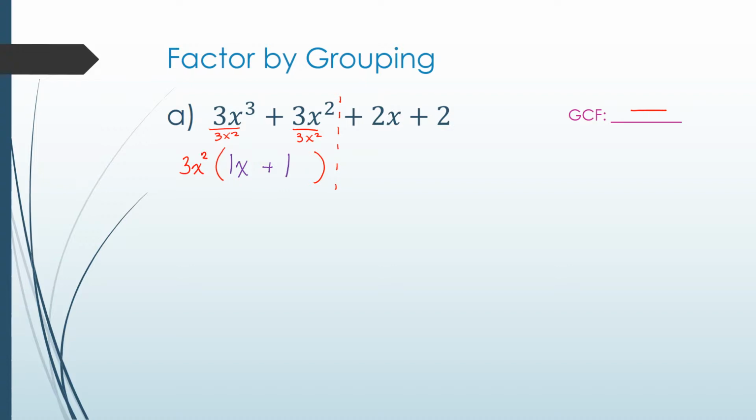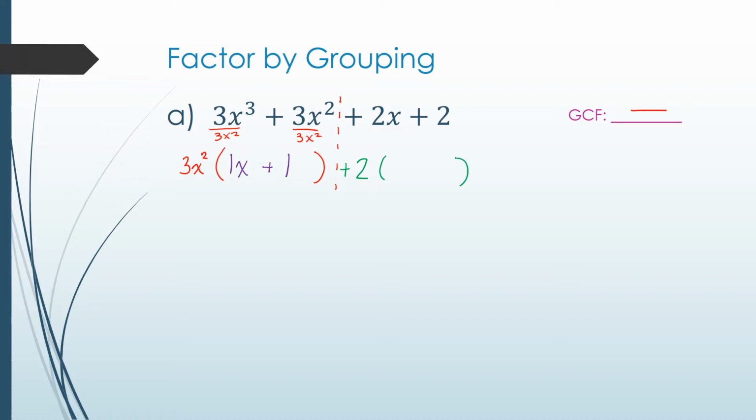Now, let's look at the last two terms. Notice we have a 2x and a 2. It appears they both have a 2 in common. Now, is that a positive 2 or a negative 2? Well, both signs are positive, so we're going to put a plus in front of that to indicate it will remain a positive 2.